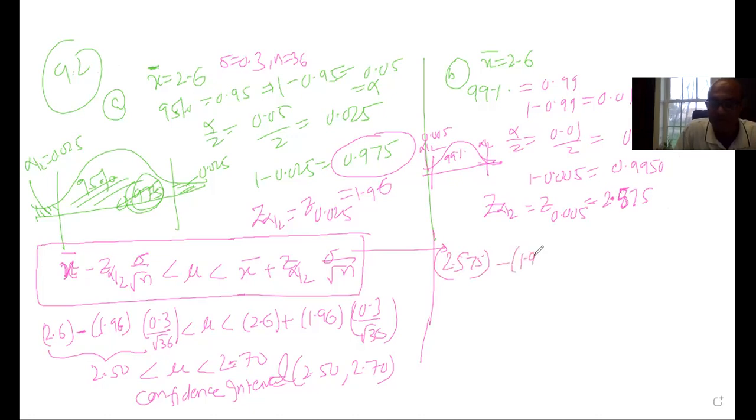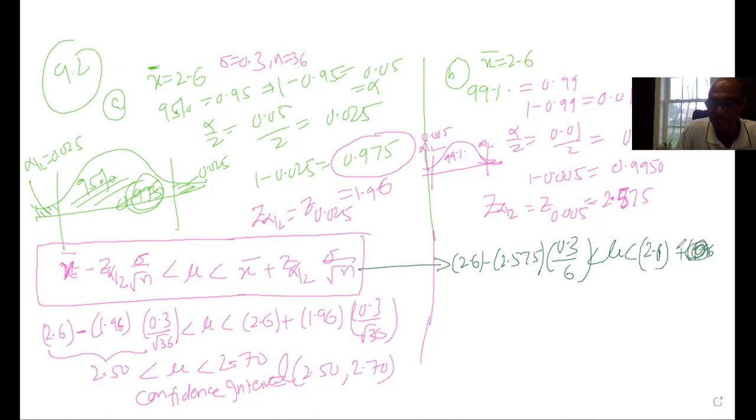It says x bar is 2.6, which remains the same, minus z alpha by 2, which in this case is 2.575. 0.3 remains the same, and square root of n, 36, is 6, less than mu is less than 2.6 plus 2.575 times 0.3 divided by 6.